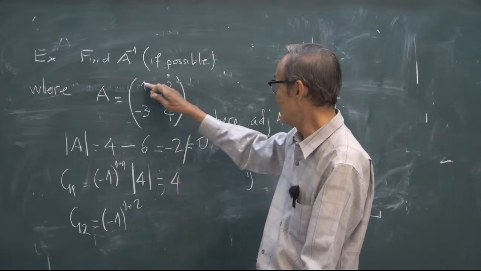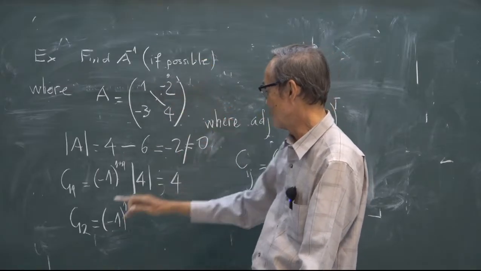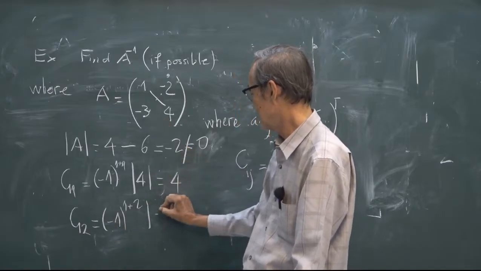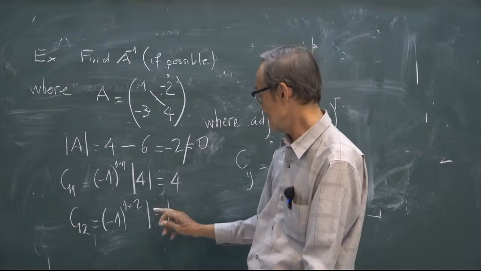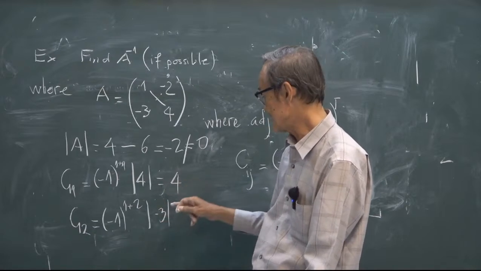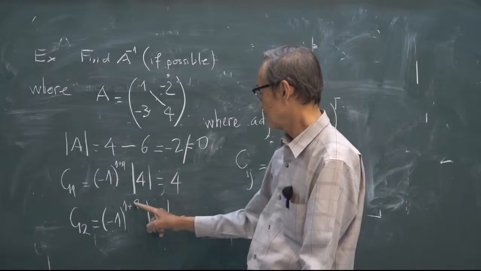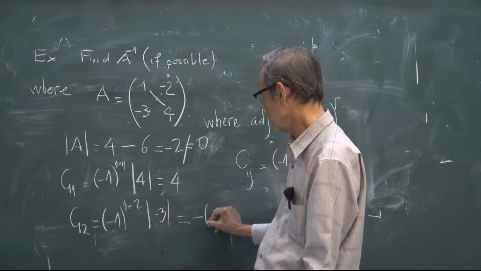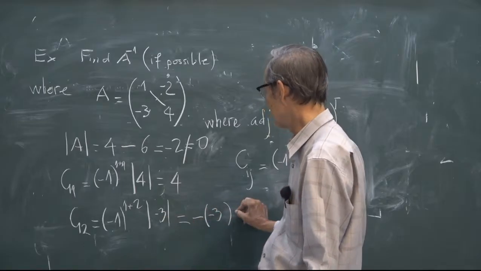Delete row 1, column 2, we have here, this is not absolute value, it equals itself, 3. Minus itself, minus 3.